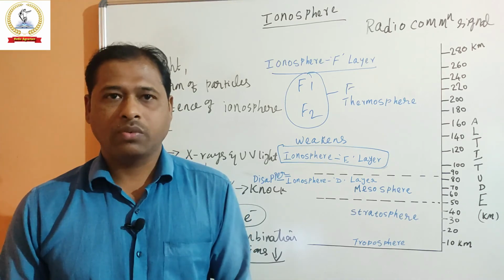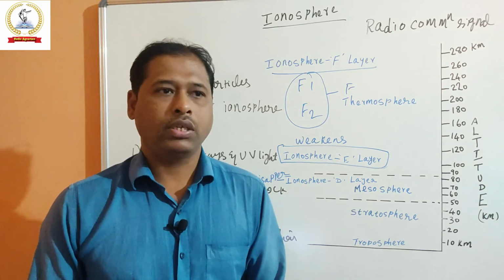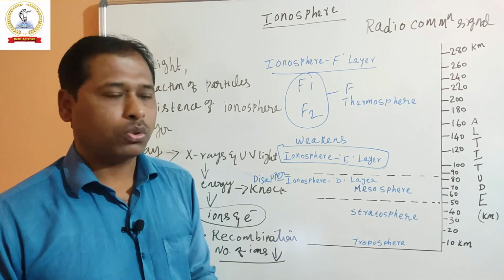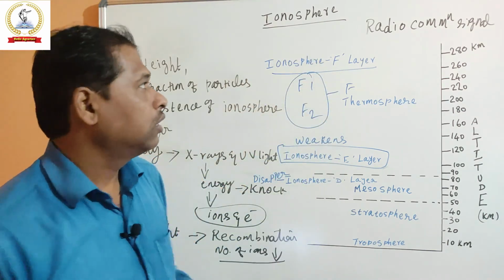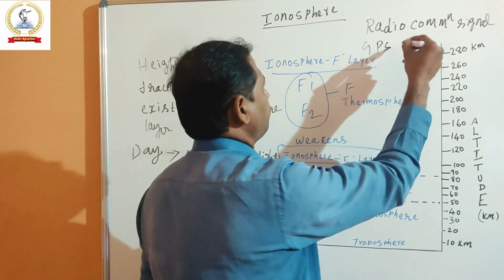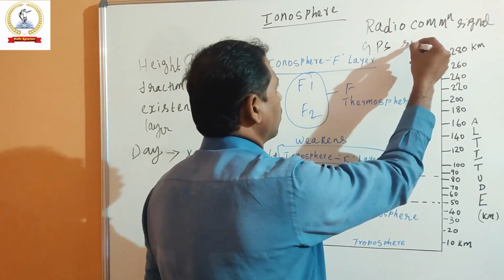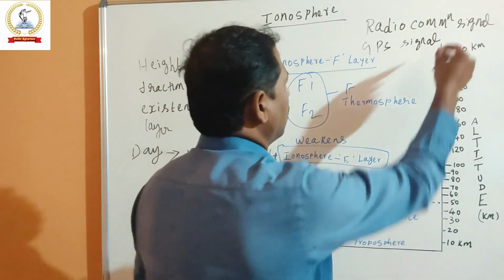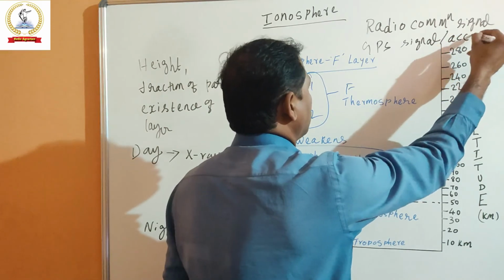The accuracy of GPS can be severely reduced when those signals pass through the ionosphere. So it affects GPS signals and accuracy.